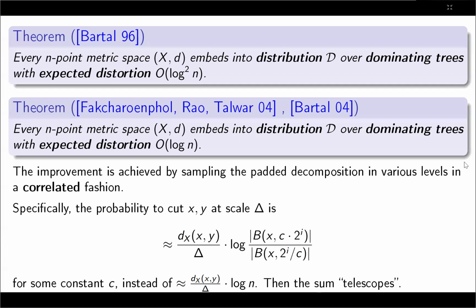But everybody cites FRT, because they are the first ones. But I guess Bartal deserves more credit because he got the first result, and then he got log n, which is tight. And then he managed to do the right thing a couple of months later. Okay. No, but it might be inspired by them. Right, so that's accurate. That's that paper.